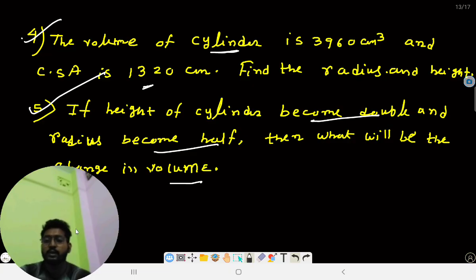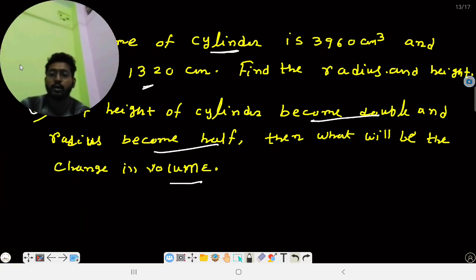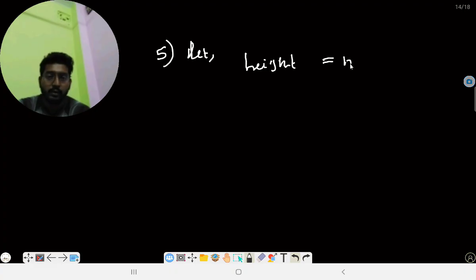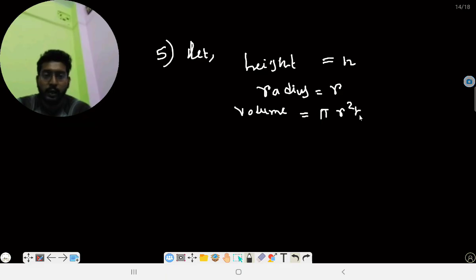Suppose at first the height of the cylinder is h and the radius is r. Then what will be the volume? We know the formula, pi r square h. This is the first case.